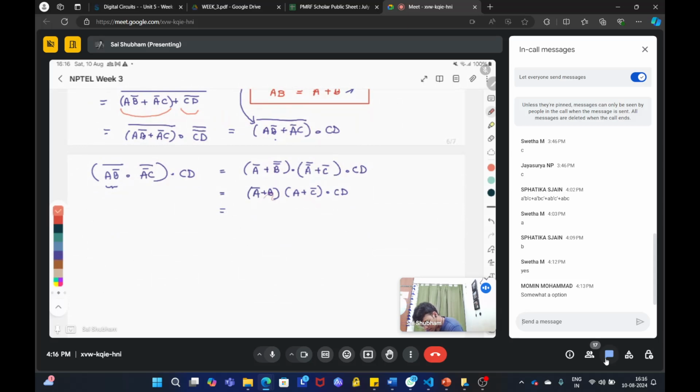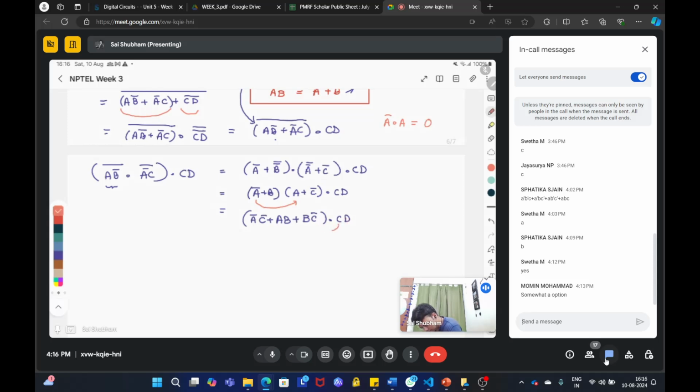See, if you multiply A bar with A, it will be 0. Okay, A bar into A is equal to 0. So what we have right now is A bar C bar plus AB plus BC bar multiplied by CD.